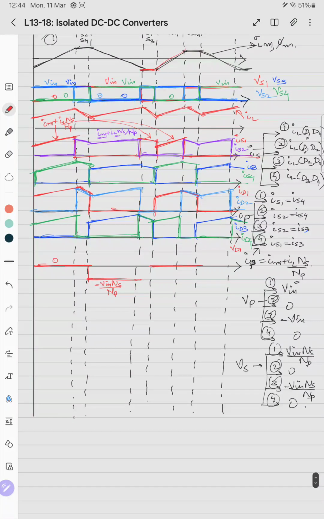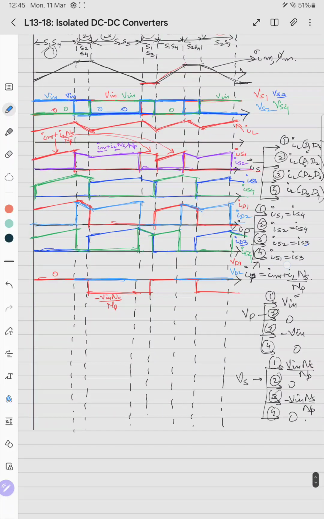So we'll assume that this voltage continues till here, like this, VD1, then we'll draw VD2. For cases 2 and 3 it is 0. For case 1, with D1 and D4, it is minus V in NS by NP.